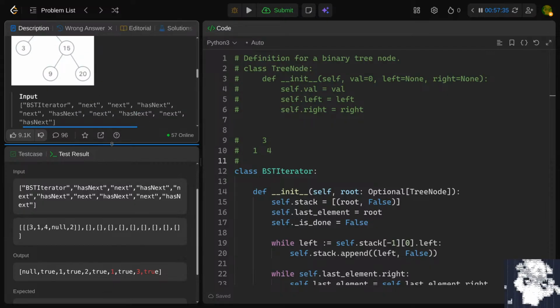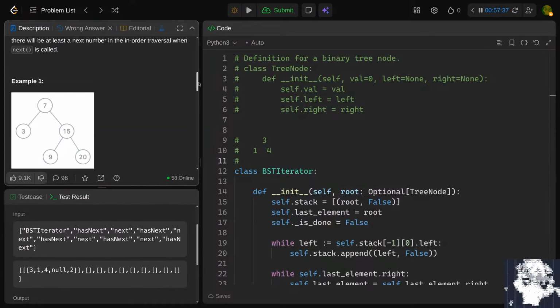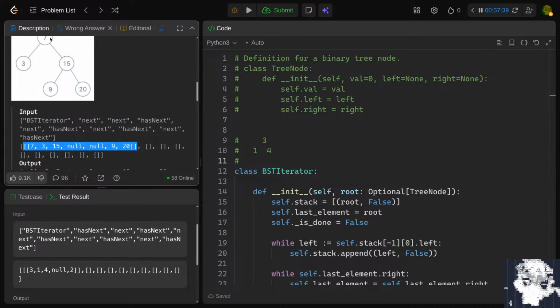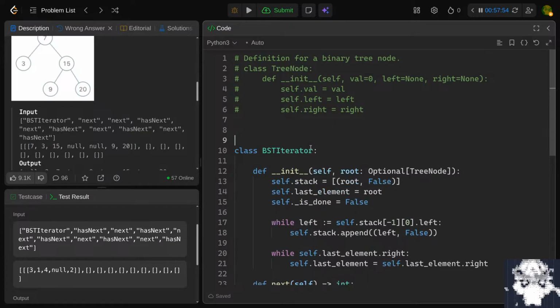So this example is 7, 3, 15, null, null, 9, 20. So I guess it's reading it in order of the levels, kind of.